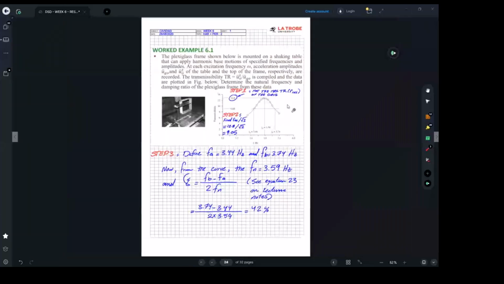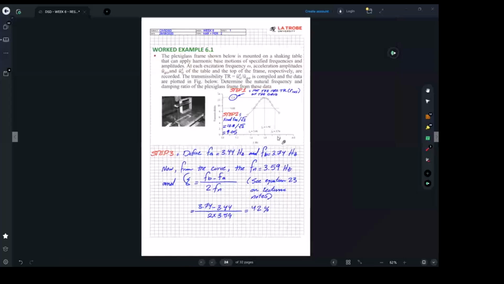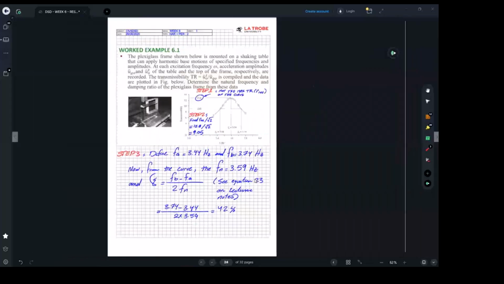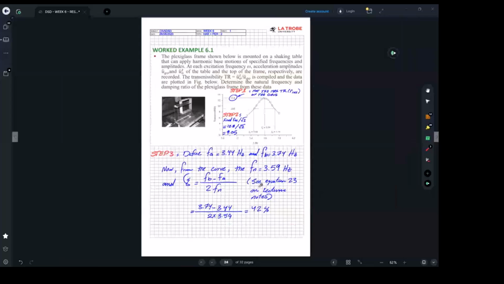Just read the question and go through the very simple steps about the use of the half bandwidth equation, this one. Let me know if you have any questions, but I will come back and continue from there as well.